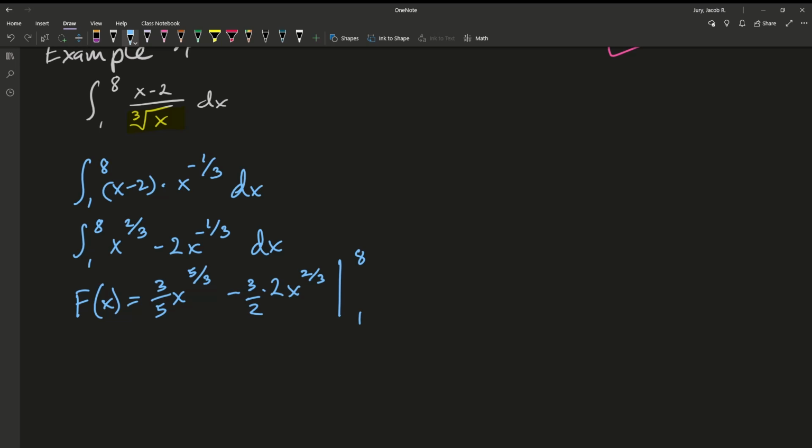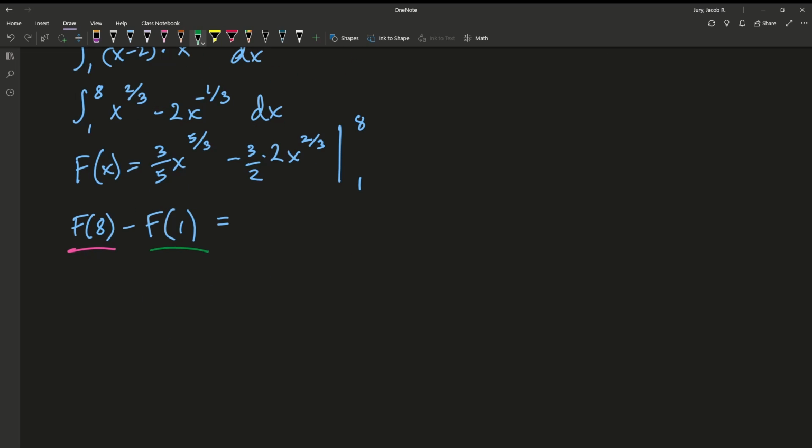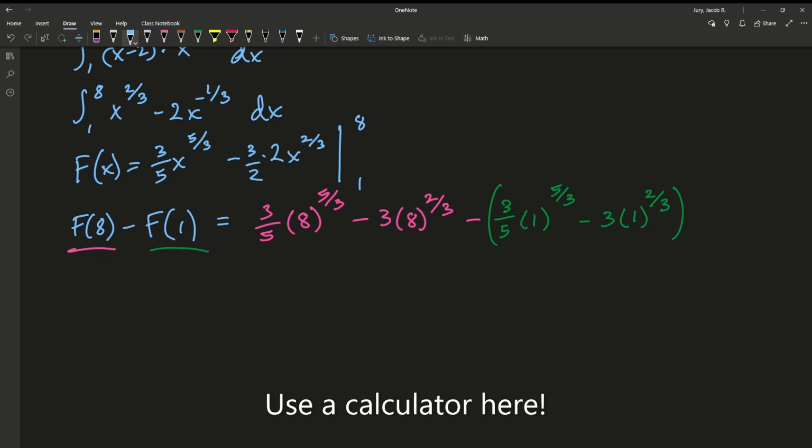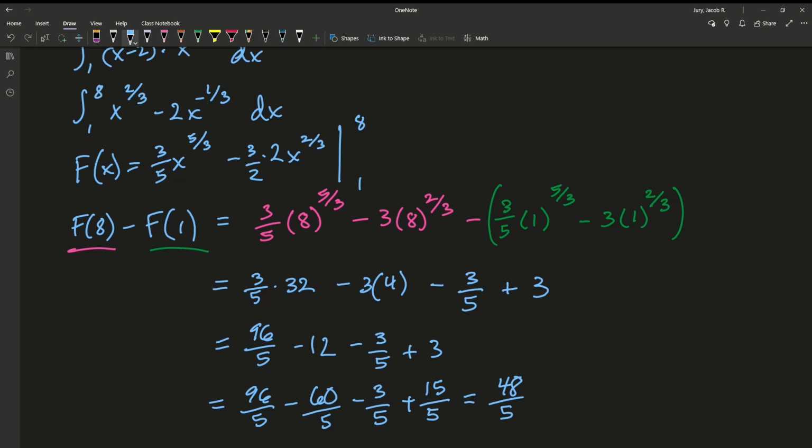And we'll see how those two mesh together later on. So that's our final answer here.